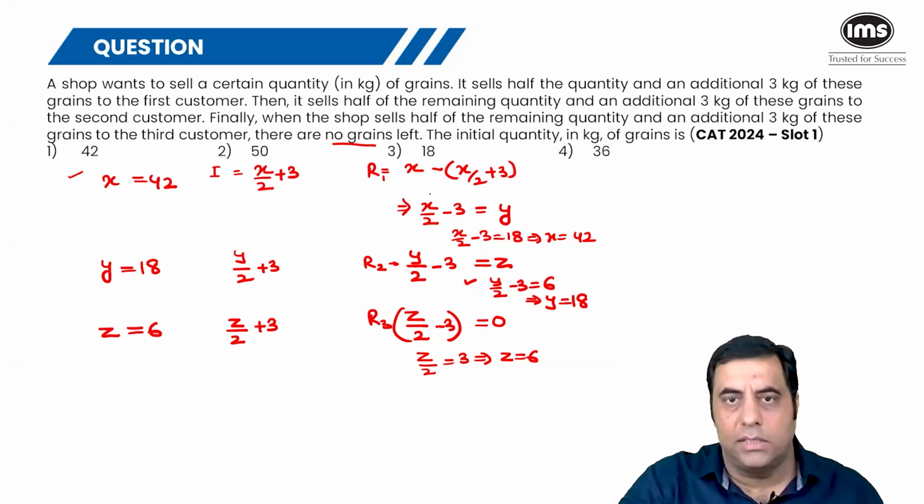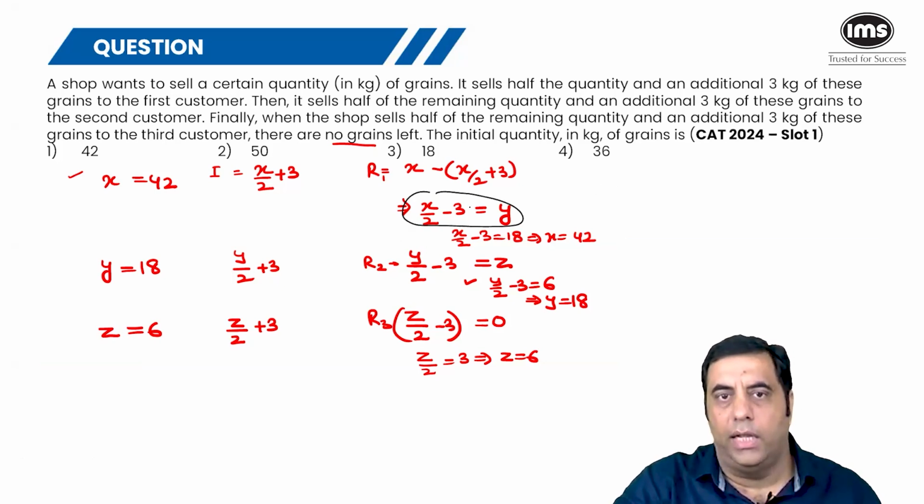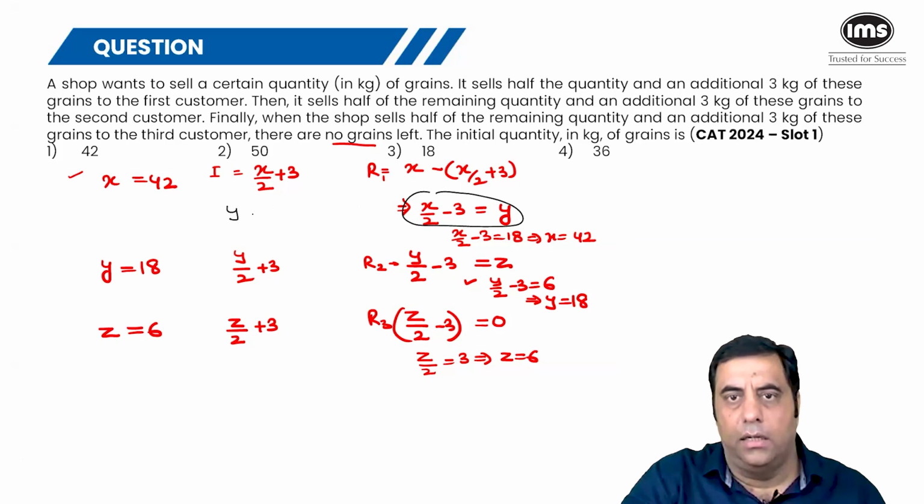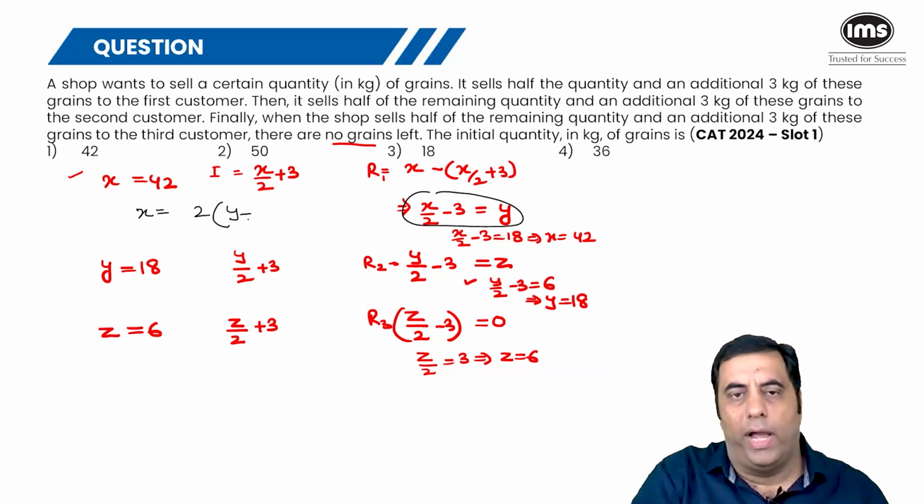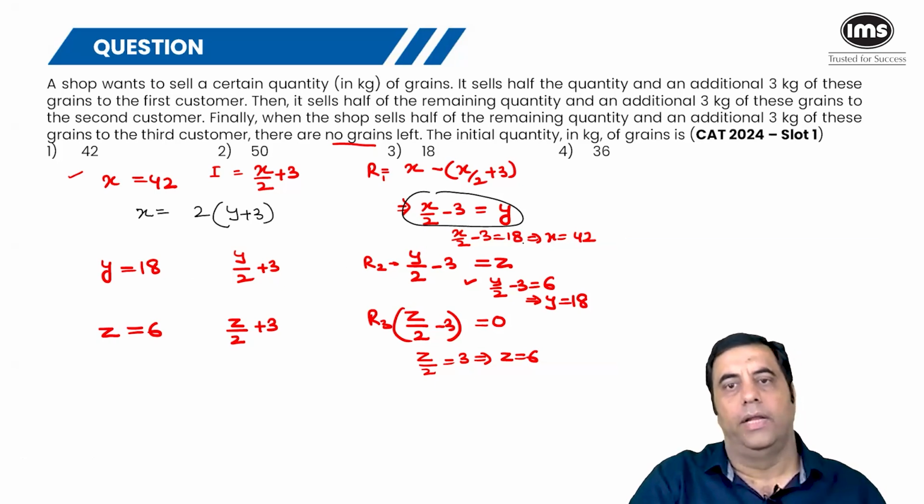Now, if you look at this, I can straight away say that in terms of y and x, x is equal to twice of y plus 3. X by 2 minus 3 is y, therefore x will be equal to this.